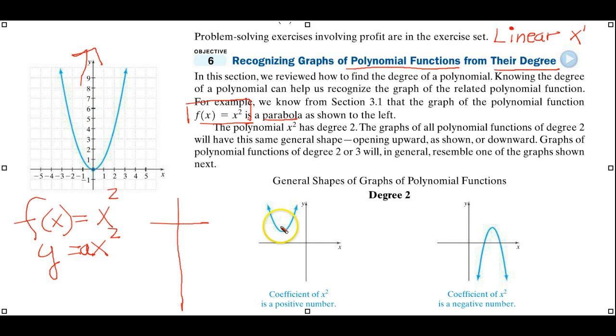So we know just by looking at this one that it's a positive A, so it's going to open upward. Now, if the value is negative, this would open downward, as we see here. So, if the coefficient of x squared is a positive number, it opens upward. If it's a negative number, it opens downward. So, just some information. You want to have this in your notes.